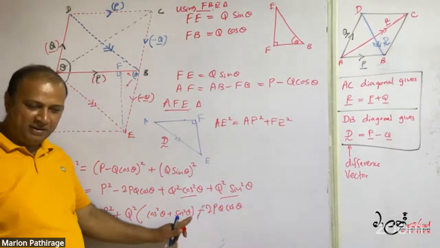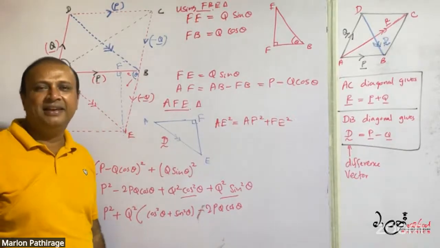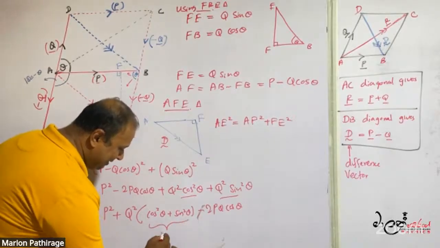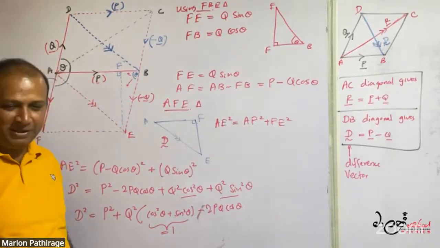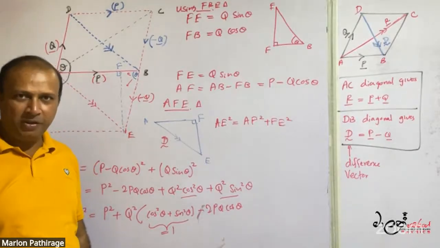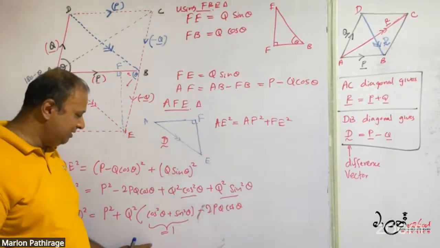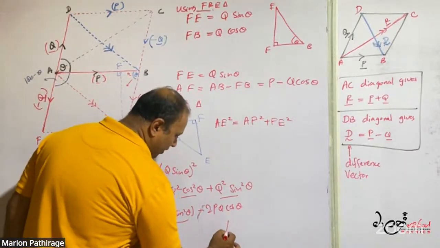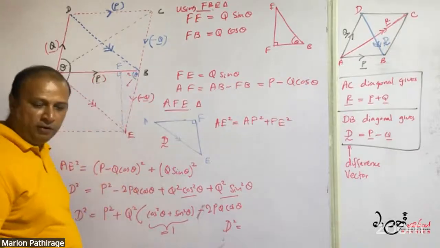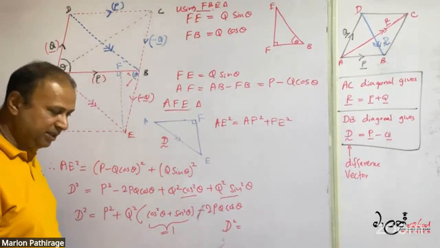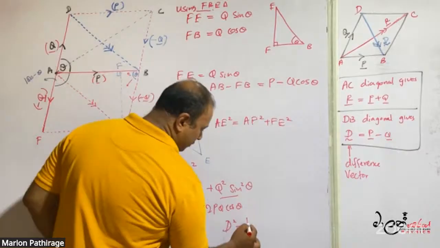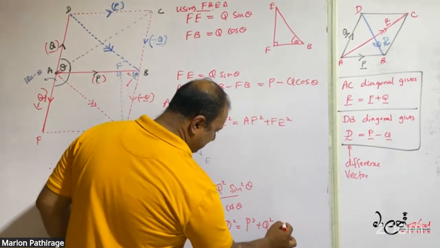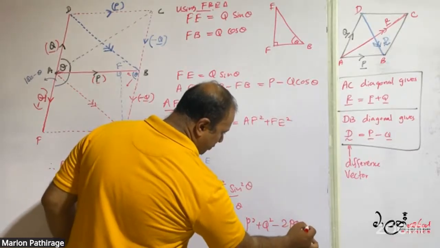You know the value of cos squared theta plus sin squared theta. Therefore, D squared, that means the square of the difference vector, is equal to P squared plus Q squared minus 2PQ cos theta.